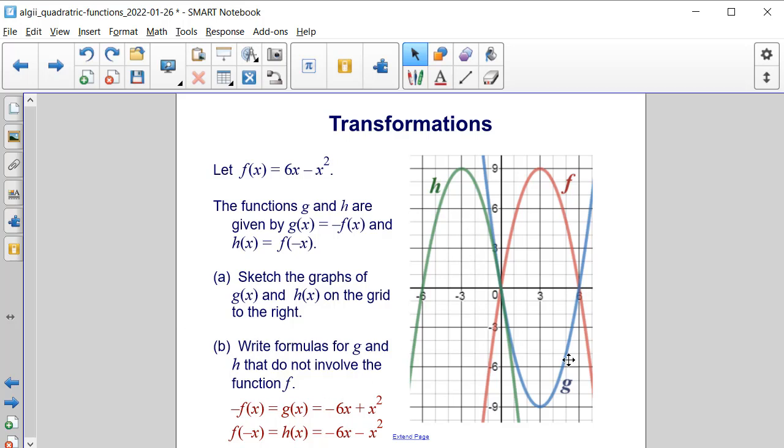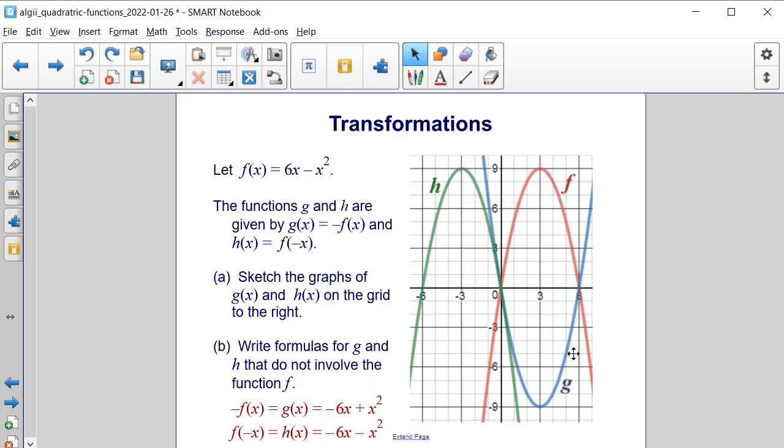And here are the solutions. The graphs do match what we had on the previous slide, with h of x being still an upside down parabola going through the origin and (-6, 0). And its equation is -6x minus x squared.